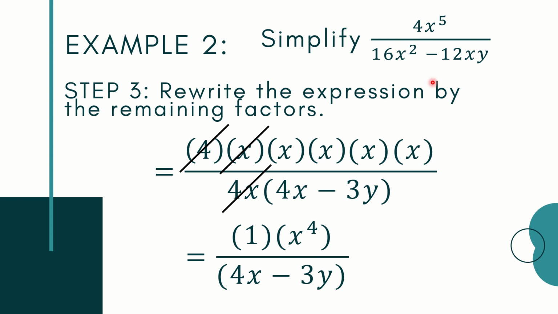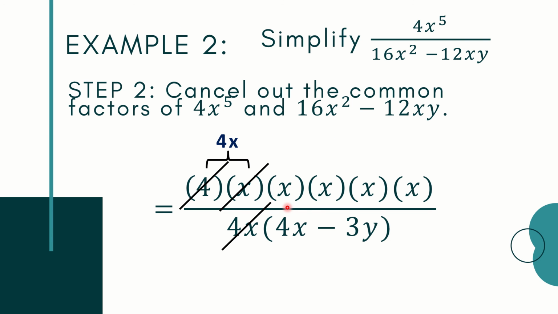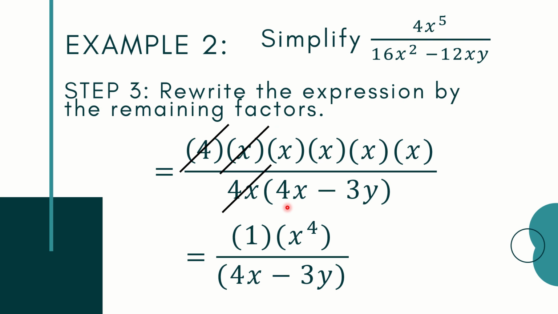Now, step 3, rewrite the expression with the remaining factors. After canceling the common factor, what remains is 1 and the x to the power of 4, and in the denominator 4x minus 3y.